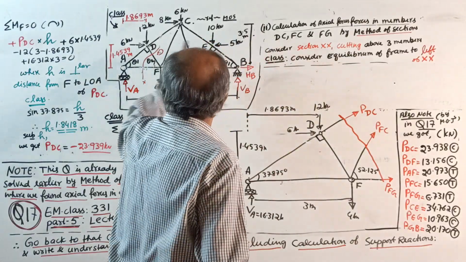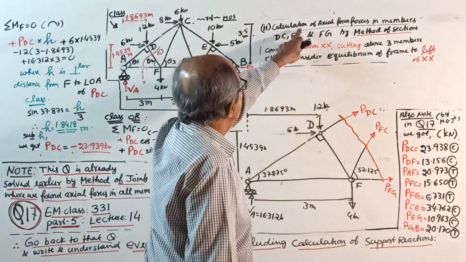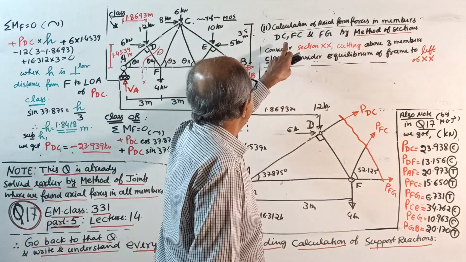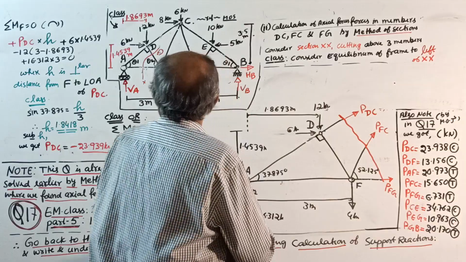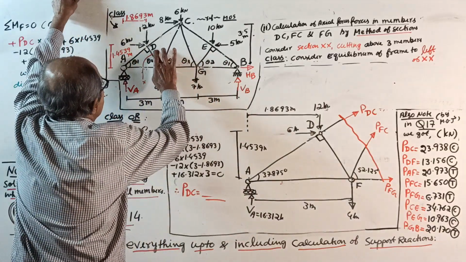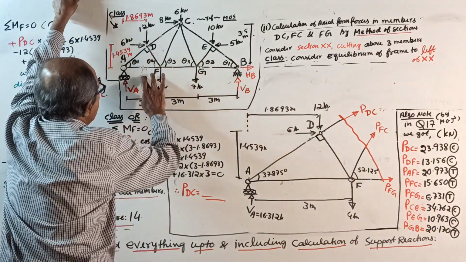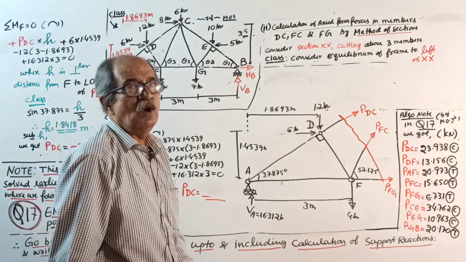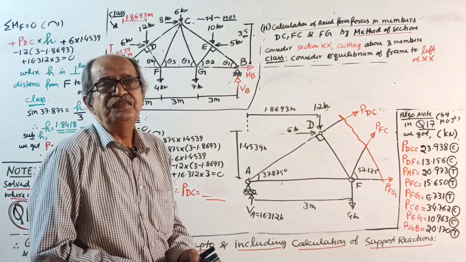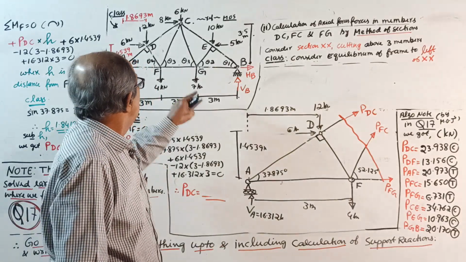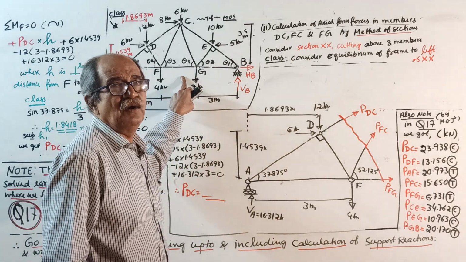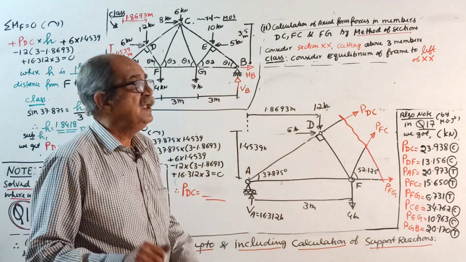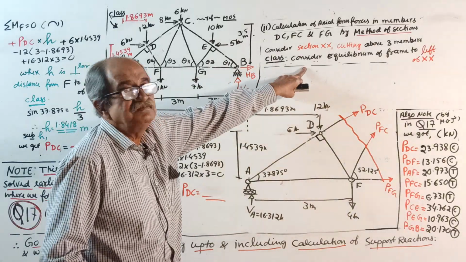Second question. I removed everything. Calculation of axial forces in members DC, FC and FG. If you are seriously practicing, you should draw this sketch once again. Or if that much difficulty is there, take a Xerox copy or printout and attach that copy here.